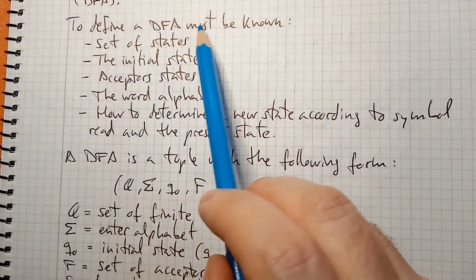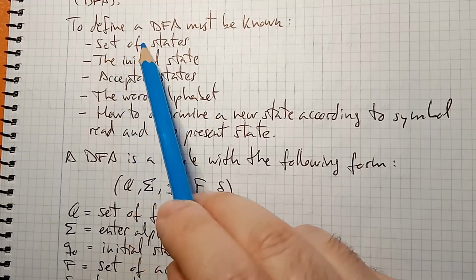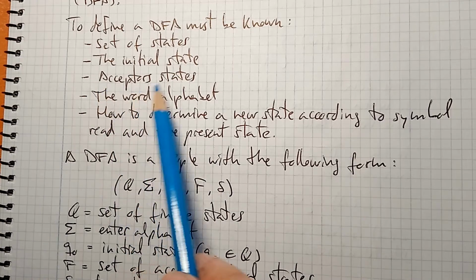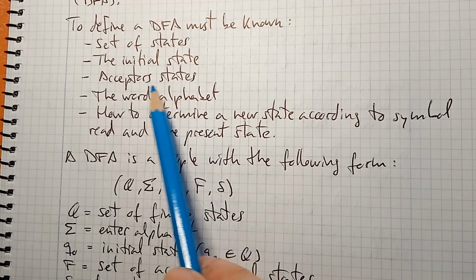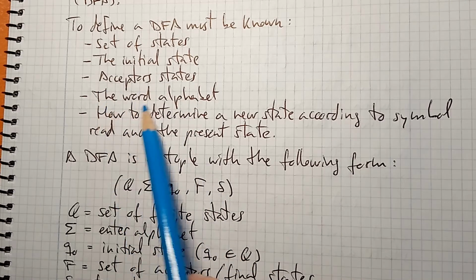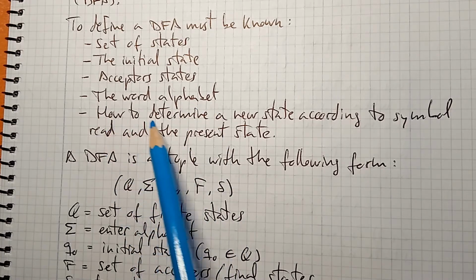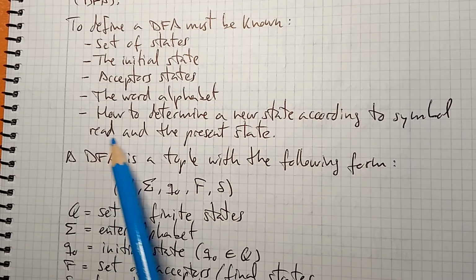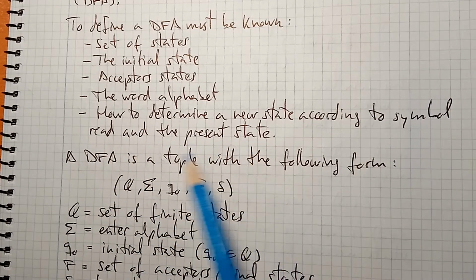To define a DFA must be known the set of states, the initial state, the acceptor states, or final states, the word alphabet, and how to determine a new state according to the symbol read and the present state.